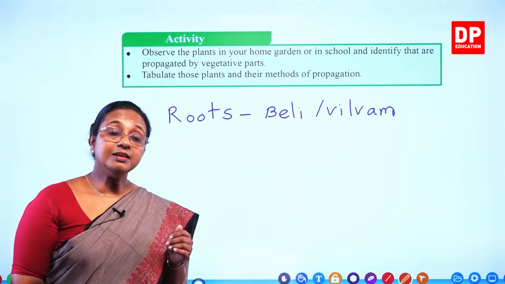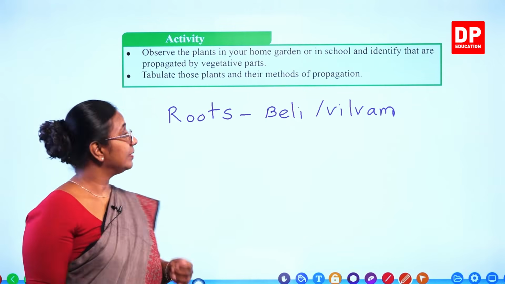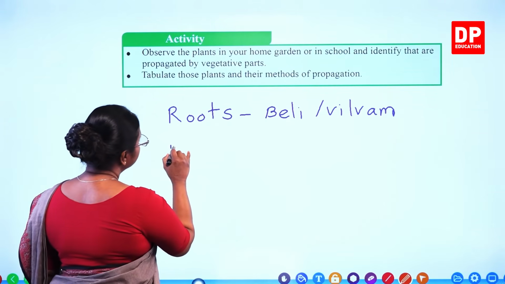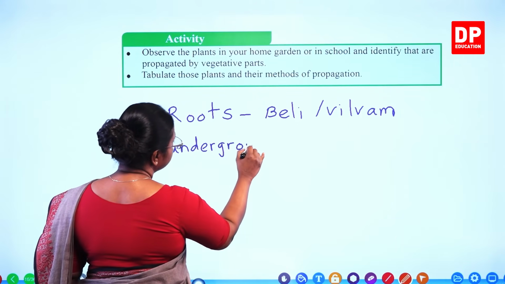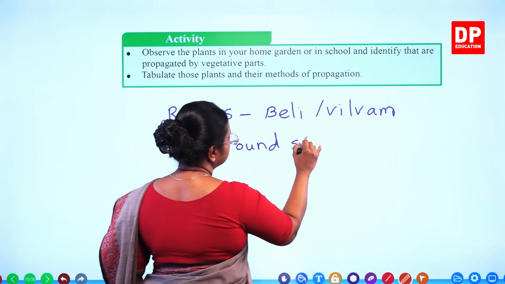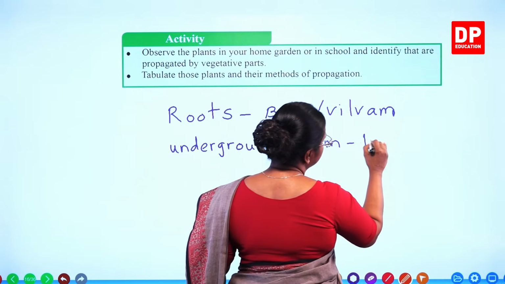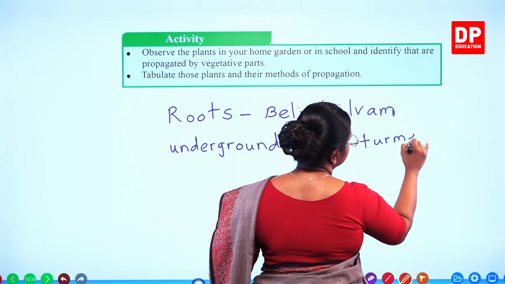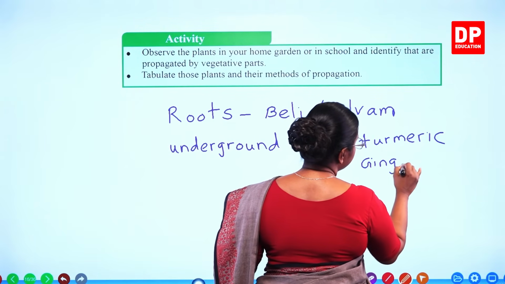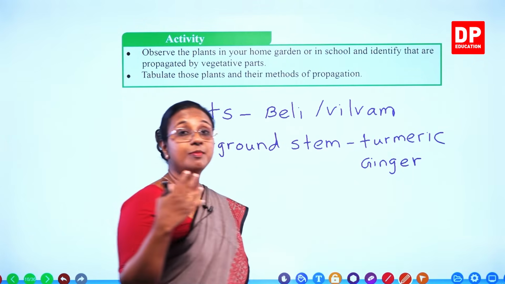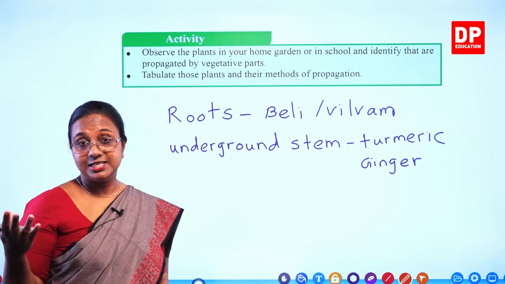If we take the reproduction by, let's say, stem, sometimes you will even see underground stem, maybe turmeric or ginger. All these are visible sometimes, or you all might have it in your garden. Sometimes you might even have onions in the garden.